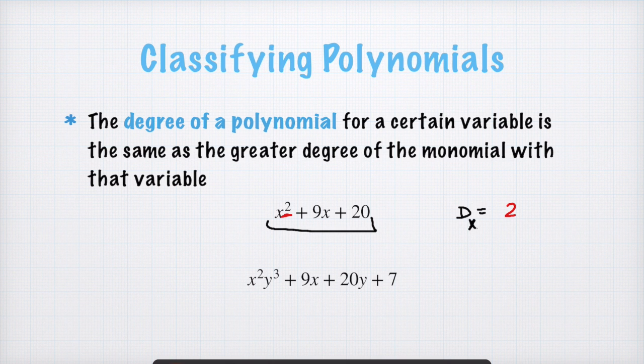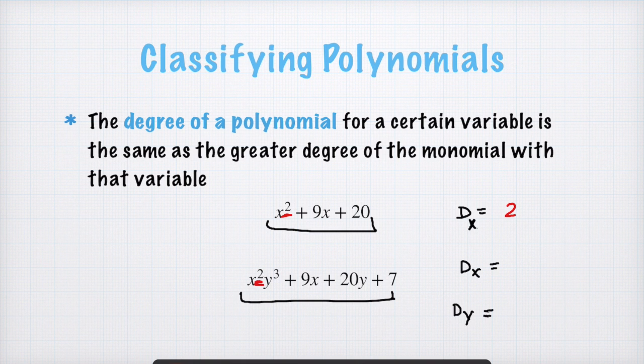What about this one? This one looks really scary, but it's not that bad. Let's break it up again. We're going to call degree in x and degree in y. You don't actually have to write it that way. That's just the easiest way for me. So our degree in x, well, let's look and see what our greatest power is in that variable. Our greatest power in x is 2.